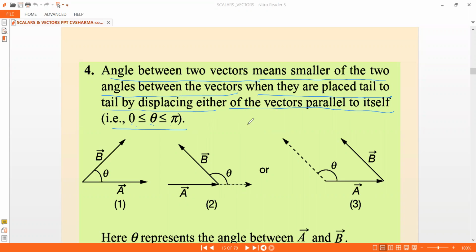So the idea is that the angle between the vectors is to be taken only when their tails are matching.